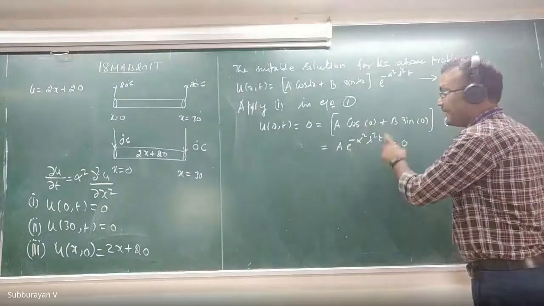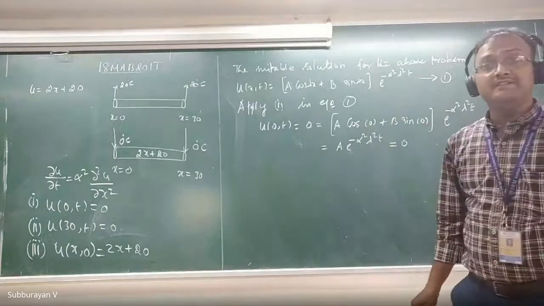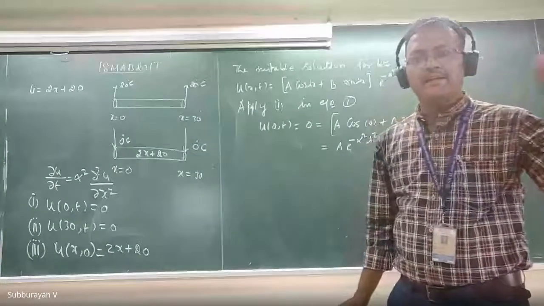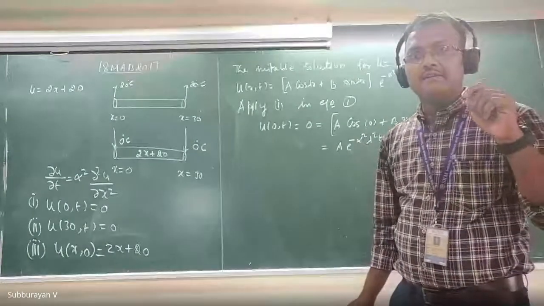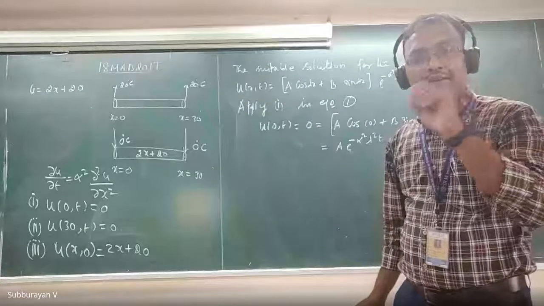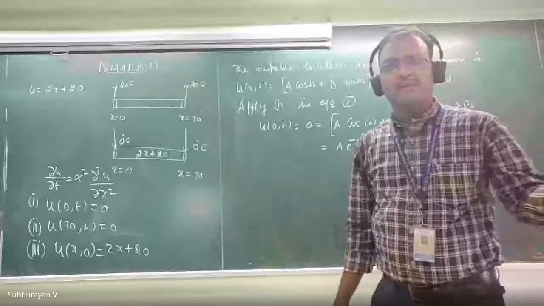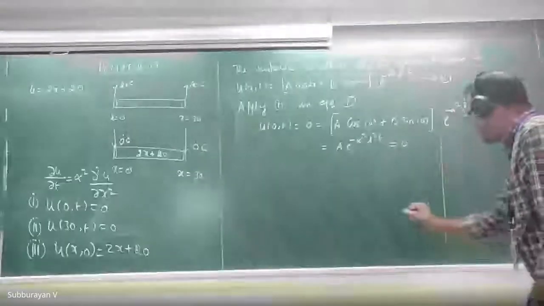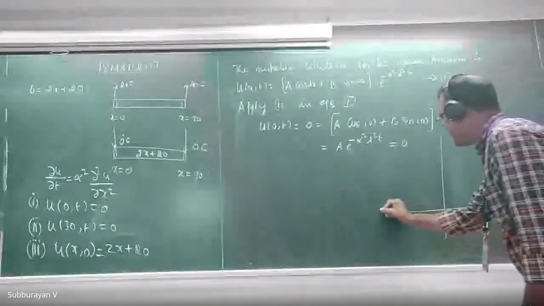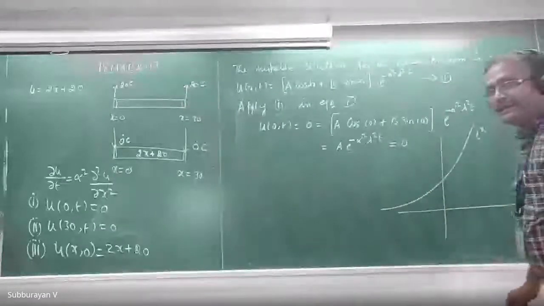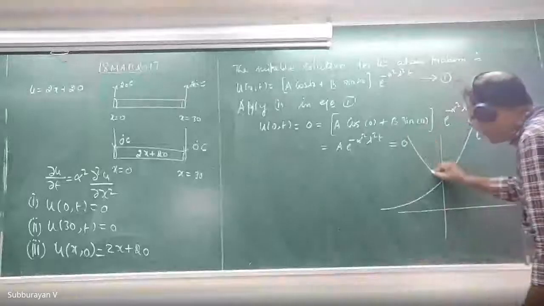Remember, the exponential function is a non-zero function. For any t, the exponential function will not cross the x-axis. If you draw the graph of the function, for example e power x, then the graph will be like this, and e power minus x will be like this.